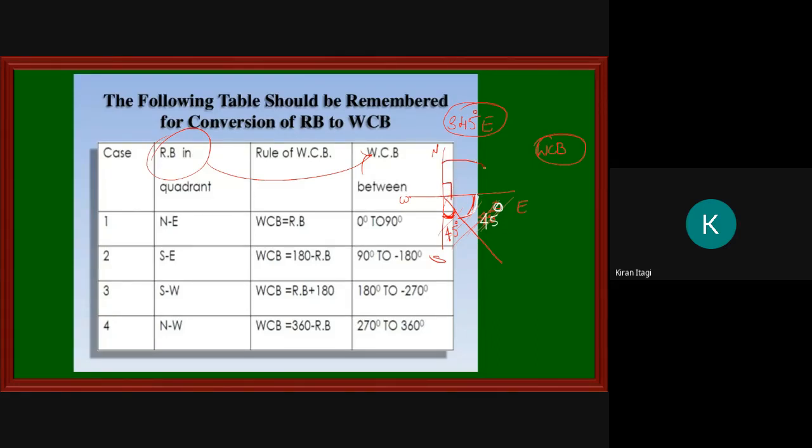Therefore, the total angle in whole circle bearing will be 90 plus 45, which equals 135. This is how we will convert from the quadrant system to whole circle bearing and whole circle bearing to the quadrant system.